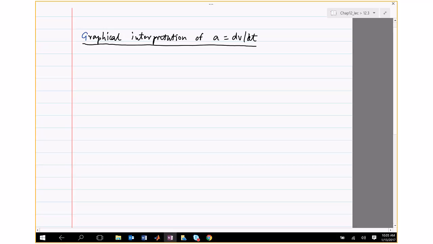Okay, so this is an expression we wrote last time. The rate of change of velocity is acceleration. Okay, so one way of interpreting dv dt is that it is the slope of the velocity time graph.